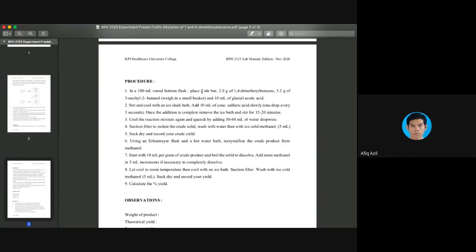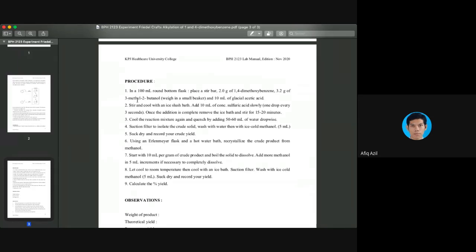And then you need a stirring bar or magnetic bar, and you will add 2 gram of this 1,4-dimethoxybenzene, and also 3.2 gram of the butanol. In this case you can convert the weight into ml, because the alcohol is in liquid form.